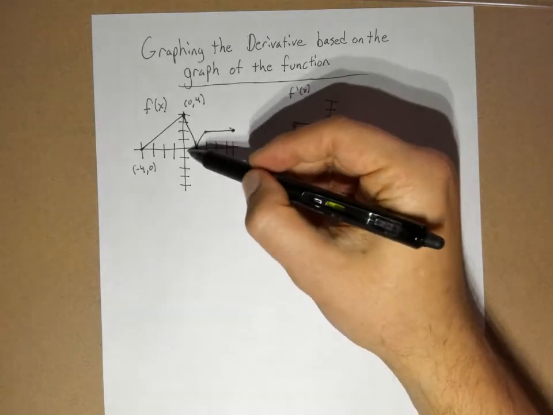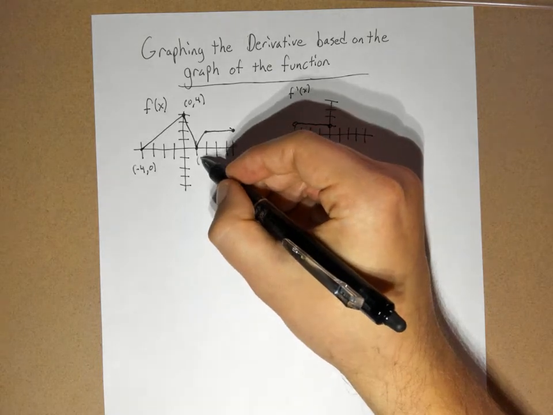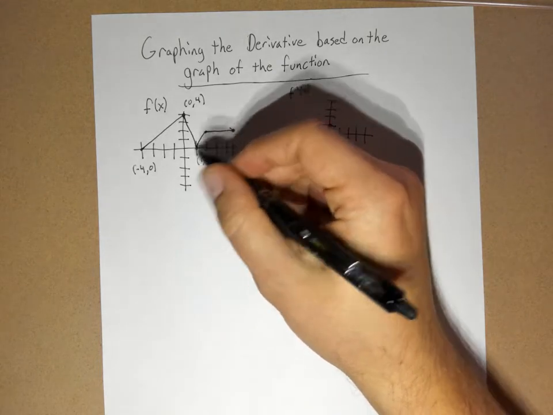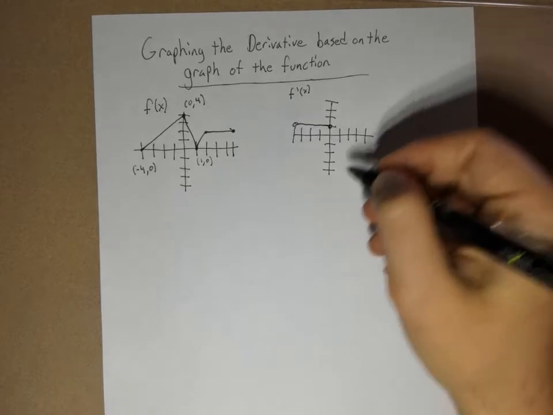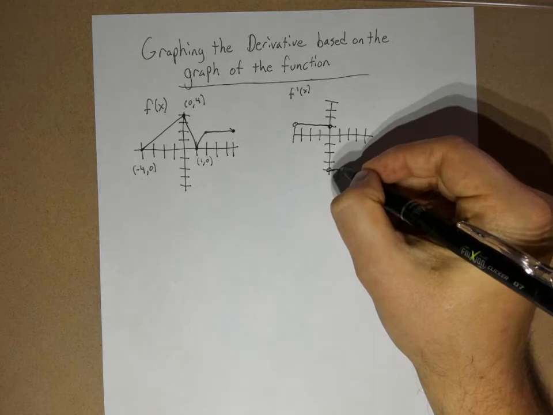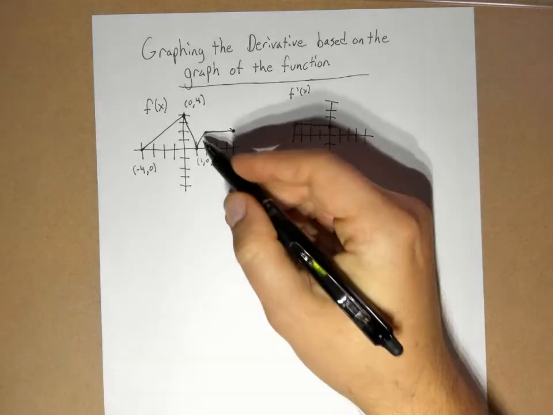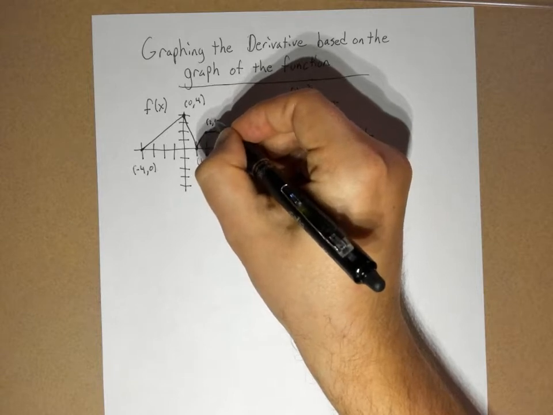So here on the interval from 0 to 1, I can calculate the slope using these coordinates, and the slope would be -4. So now for my derivative function, I'm going to have that equal to -4 on that interval. Here, the slope is 2, again using coordinates.